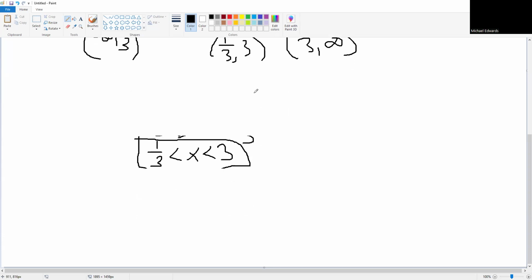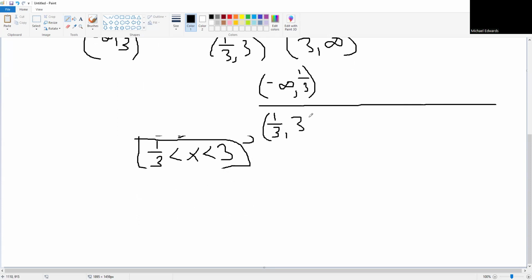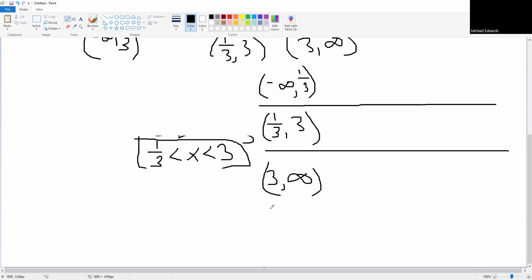Okay, good. So let's do the -infinity to 1/3 interval right here. Draw our line. So we get 1/3 to 3. Draw our line. And we get 3 to infinity.